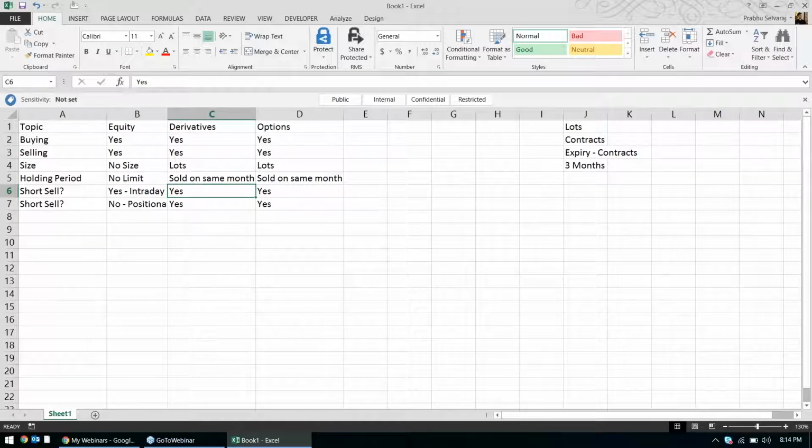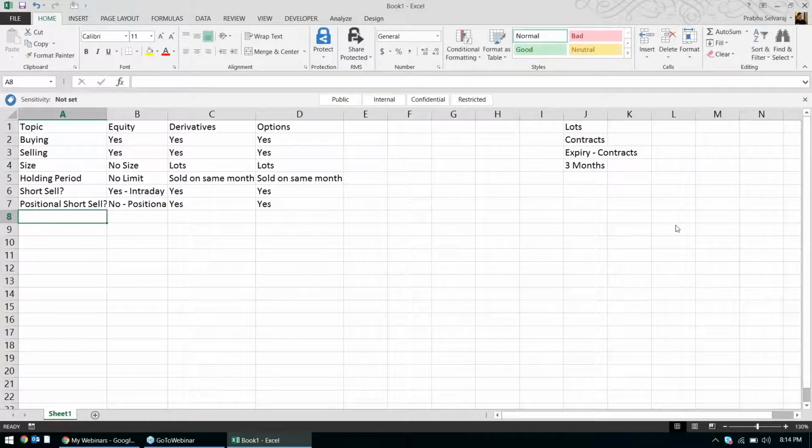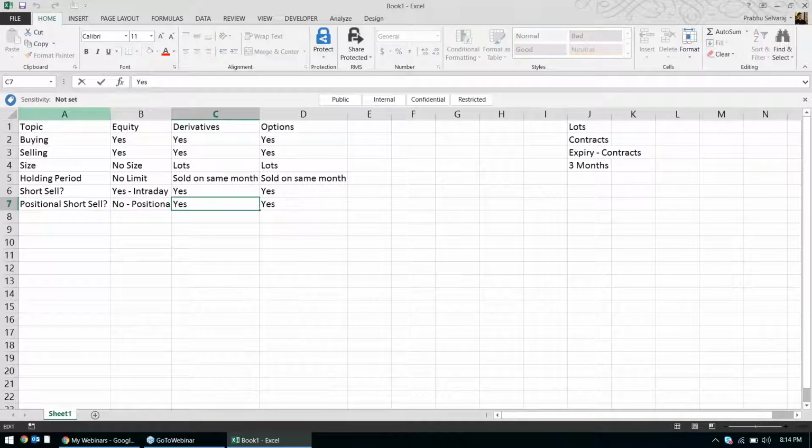Derivatives and option contracts can be taken to the next day. Can we short sell more than one day for futures stocks? Yes, that's what I said. You can do a positional short sell. Positional short sell is allowed in derivatives till expiry. You have to buy back within expiry.